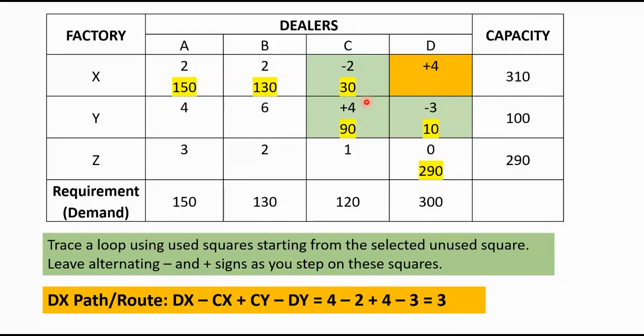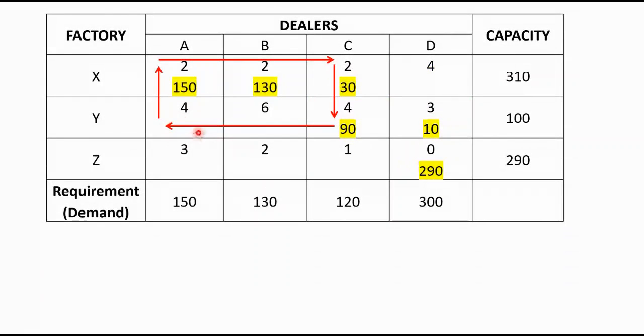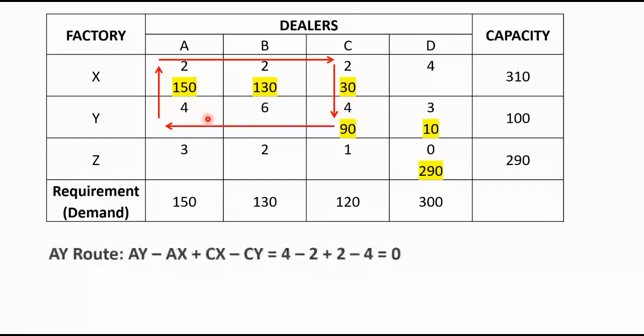Now we are going to check the rest of the vacant squares. So this time we will check AY, this particular vacant square. We are going to make a loop around this square. So this is the loop that we have created from AY to AX, and then directly to CX, and then CX to CY, and then back to AY.